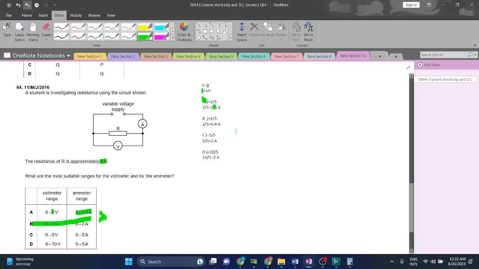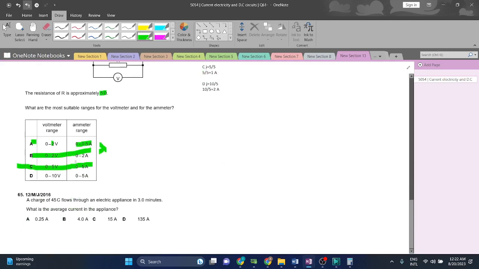If we look at C, the answer we have is 1 ampere, so it is on the lower end. 1 ampere is on the lower end, so once again it is not the right answer. Looking at D, we have 2, and 2 is on the lower end again, so A will be the answer.